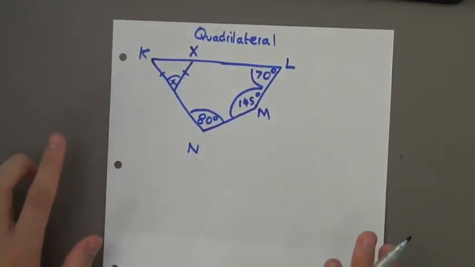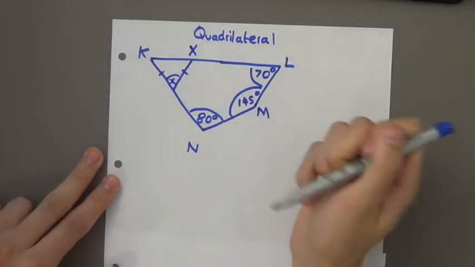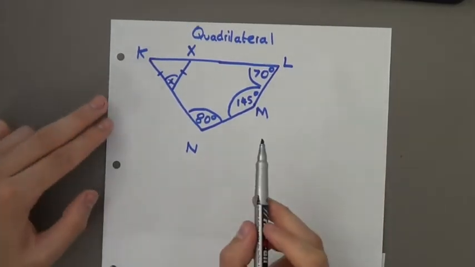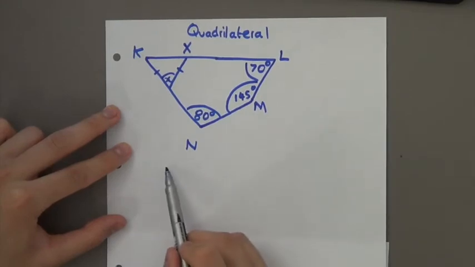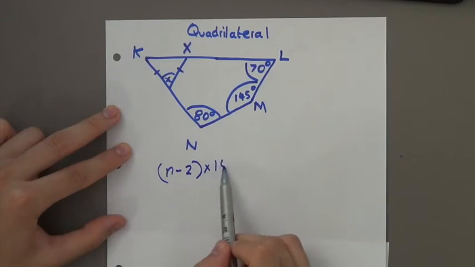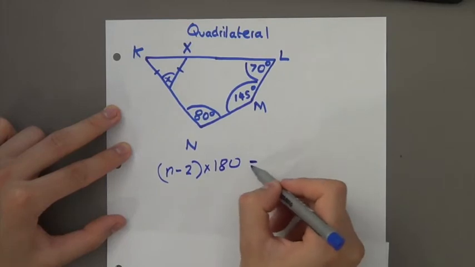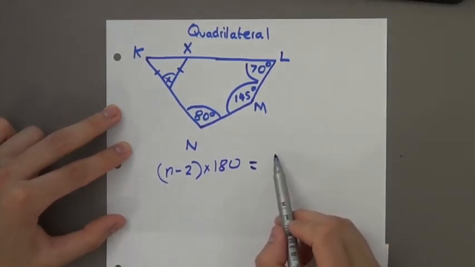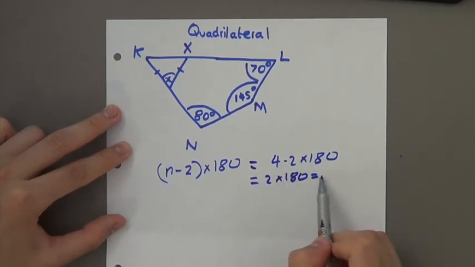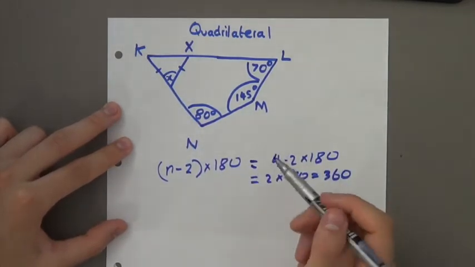So how do we work out these angles? We need to work out this angle x here. Let's use this formula, n minus 2 times 180. 1, 2, 3, 4, so this is a four-sided shape. 4 minus 2 times 180 equals 360, therefore all these angles have to add up to 360.